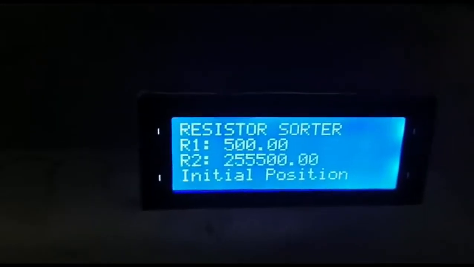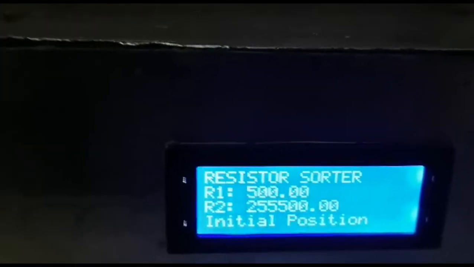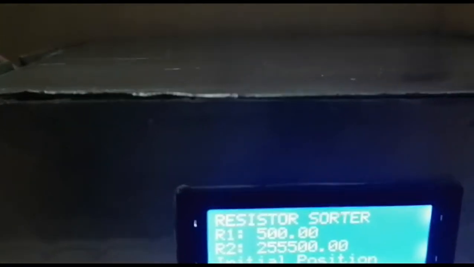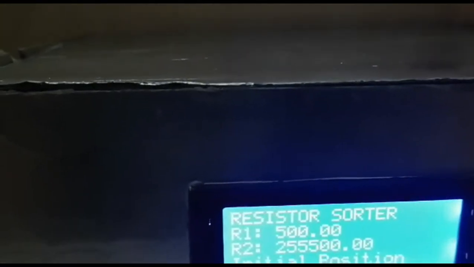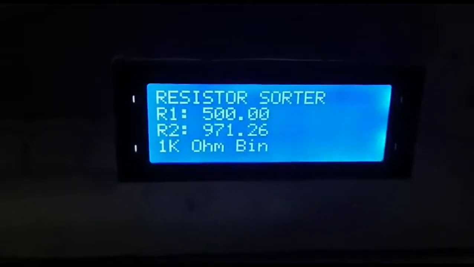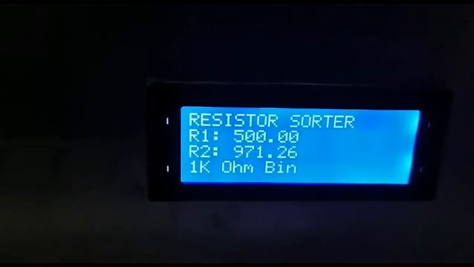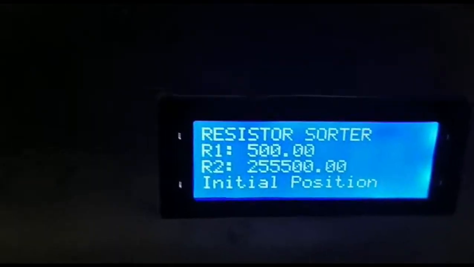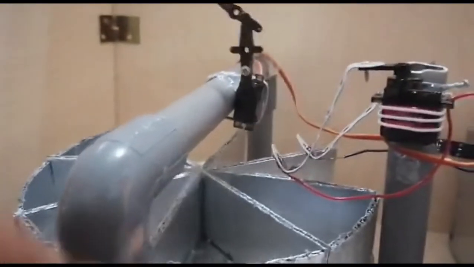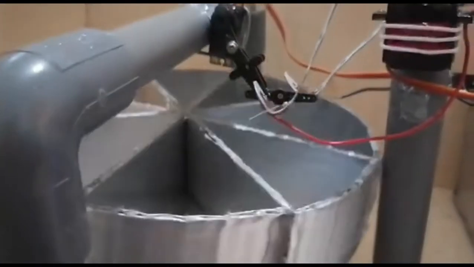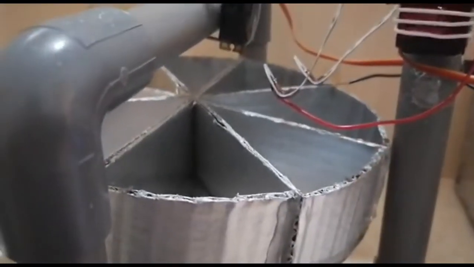Then it will return to the initial position. The same goes for the third resistor, which is 1 kilo ohm. If I put a 1 kilo ohm resistor, the value is 971, and it shows 1 kilo ohm bin. This is in the range of 1 kilo ohm resistor, so it will rotate to the third bin for 1 kilo ohm.